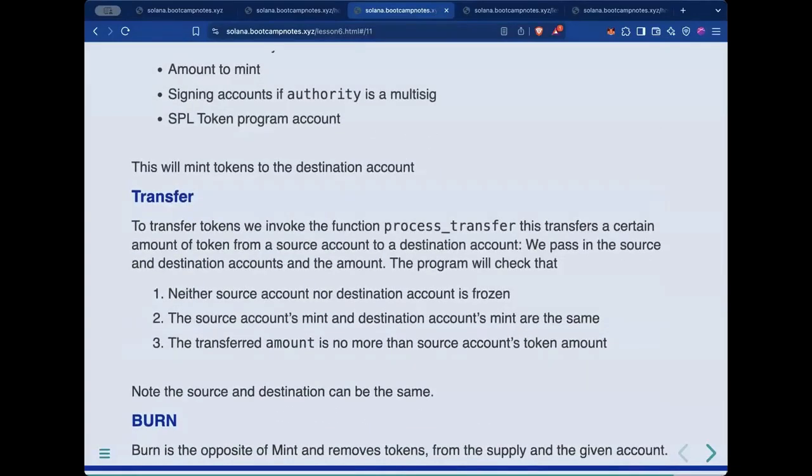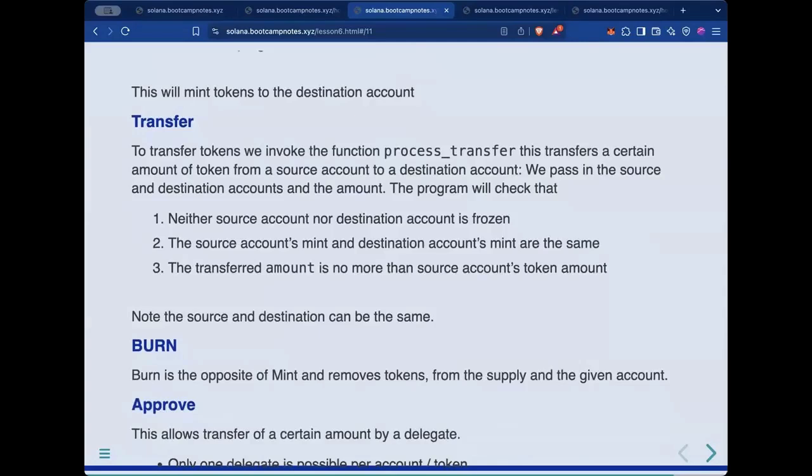And when we've set that up, then we can set up a balance for a person. They can then transfer those tokens to other people. There are some checks that will happen when we're doing that.